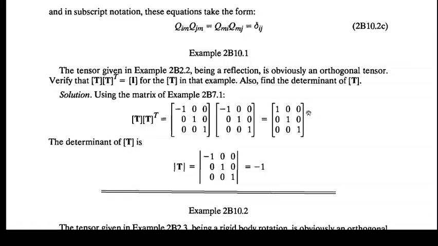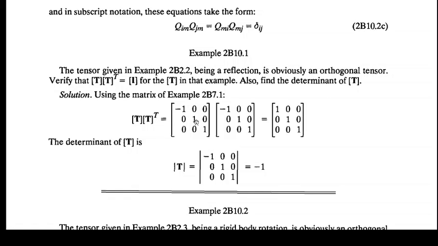Now in this example, let's see what happens. The tensor given in the example, being a reflection, is obviously an orthogonal tensor. These are the examples of orthogonal tensors. The reflection tensor, in the previous examples we have seen that. So we will have to verify how it is an orthogonal tensor.